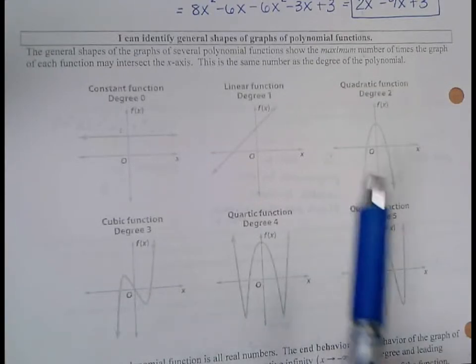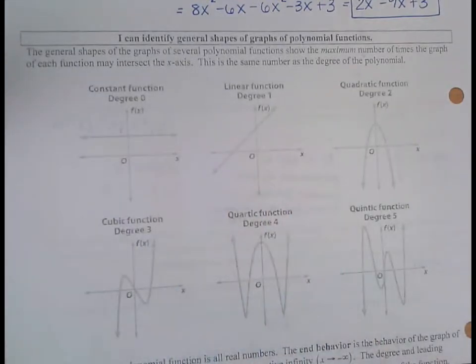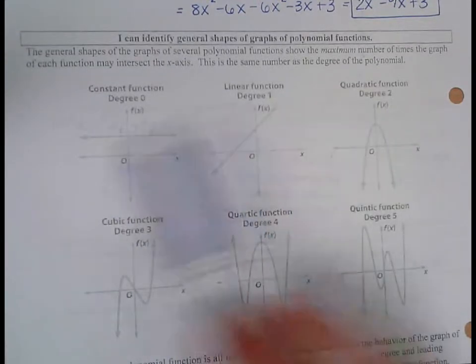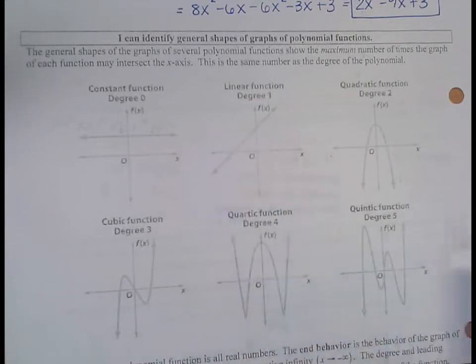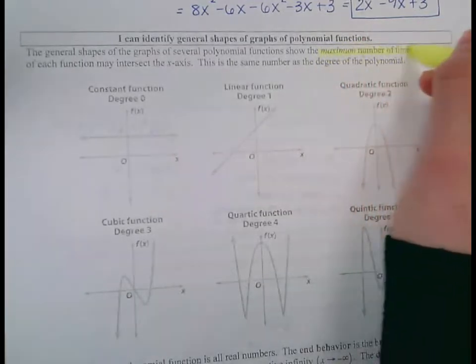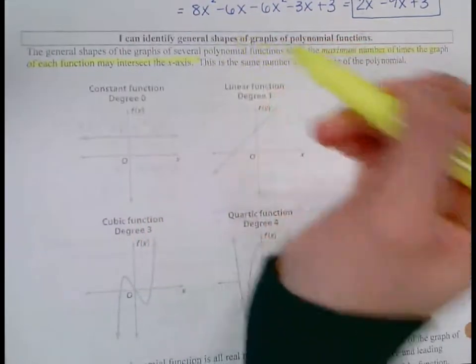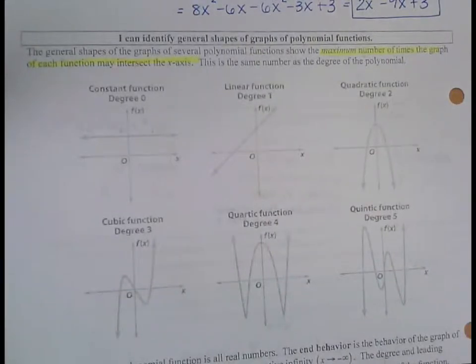So on this sheet, it gives 6 different graphs. These are the general shapes of up through degree 5 polynomial functions. And in these graphs, it shows the maximum number of times that the graph of each function may intersect the x-axis. So again, I'm pointing out the word there, the maximum number of times.